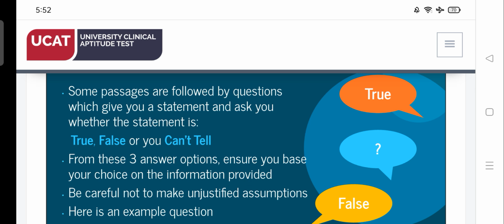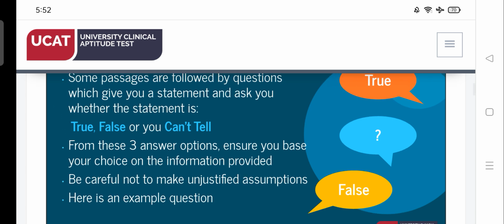From these 3 answer options, ensure you base your choice on the information provided. So the statement is given, you can use the keywords from the statement and search for the right answer from the passage and select it.